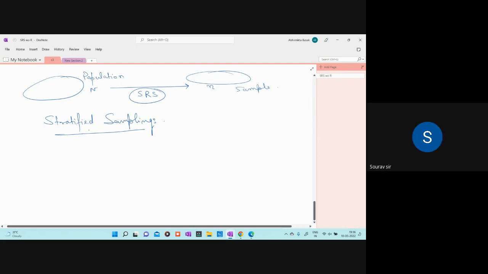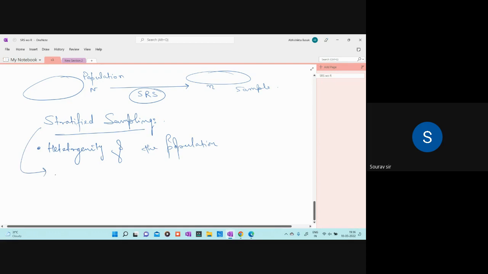Okay, so can you define it in more specific ways? Okay, your point is heterogeneity of the population. And what does stratified sampling do?